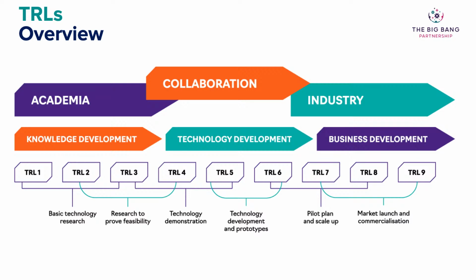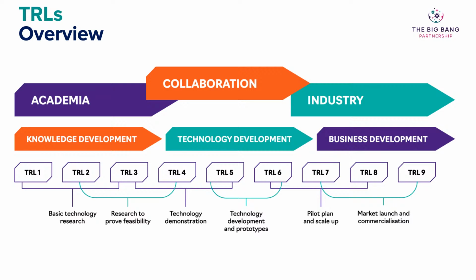And the final 7 to 8 and 9, the final stages, are about business development and getting that out into the world for real. And often the first stages 1 to 3 are associated with academia or research or real startup territory.